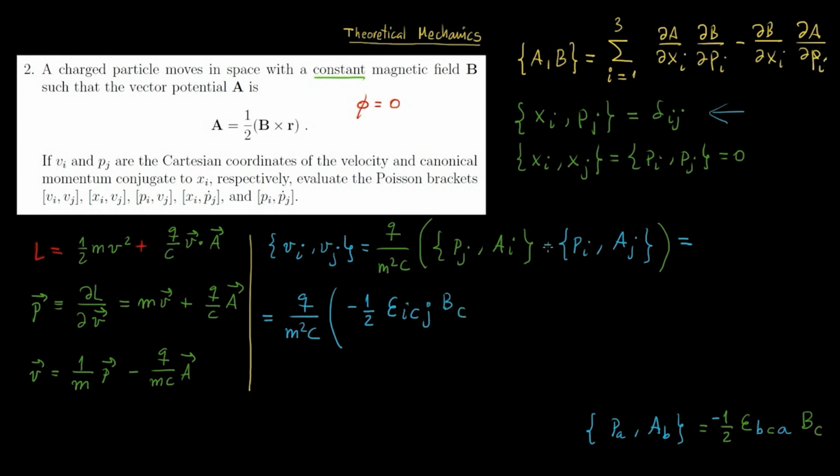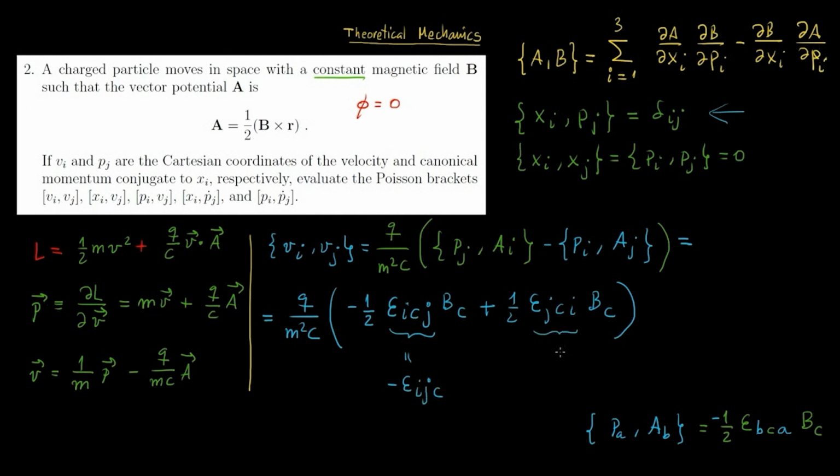And now minus with minus is plus 1/2 epsilon, and I will invert j and i, b, c. But you probably know that if I invert two indices, then the sign changes. So this is the same as minus, let me see, i j c.